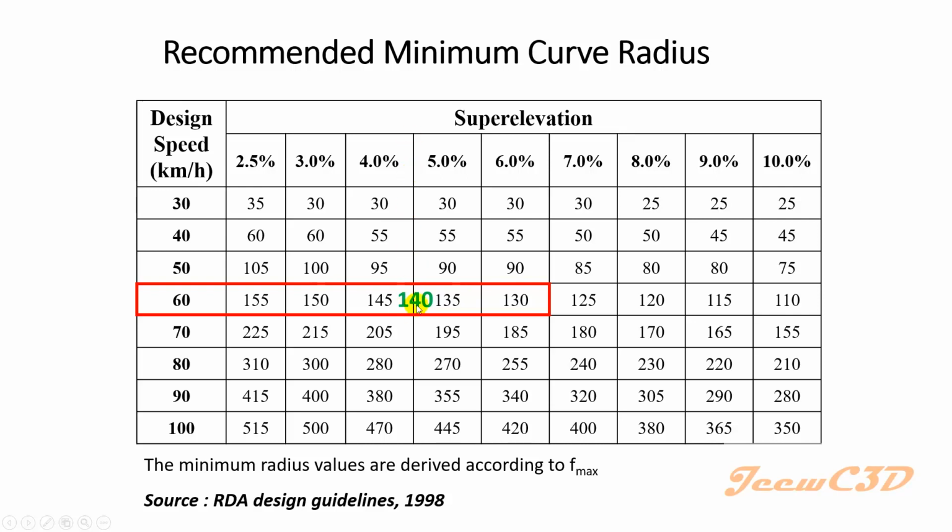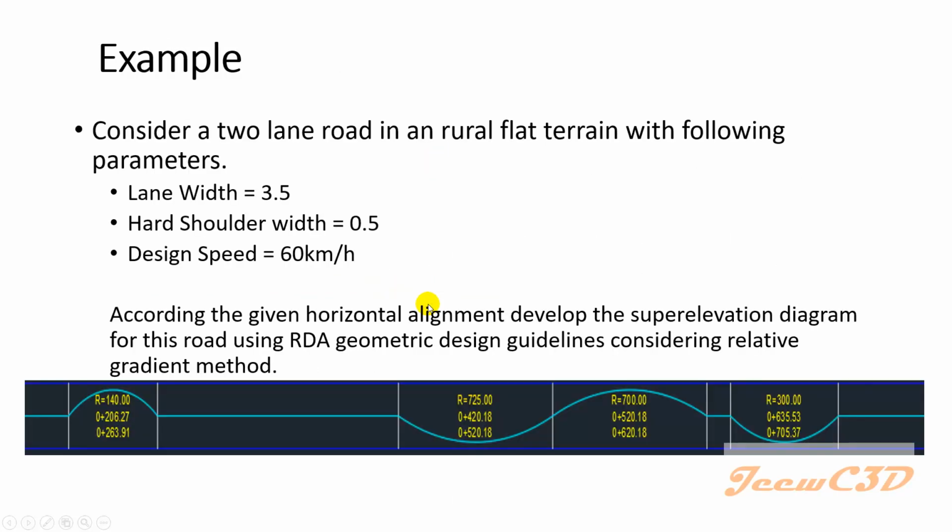You have to take the super elevation value which is the closest one to this radius. This 140 is less than 145, so you can't have super elevation 4, but it is greater than 135. So for whatever radius is greater than 135 and less than 145, you have to use super elevation 5. So for the 140 radius curve, you have to use super elevation 5.